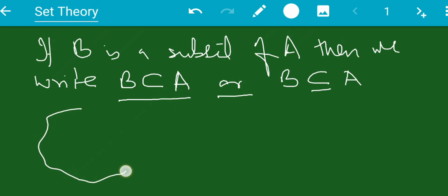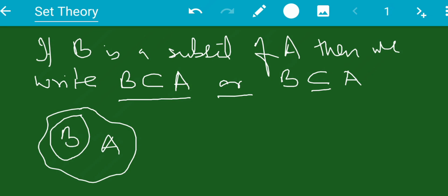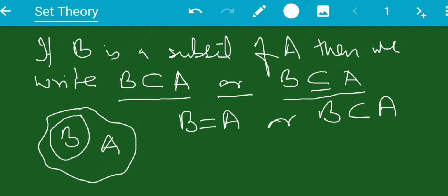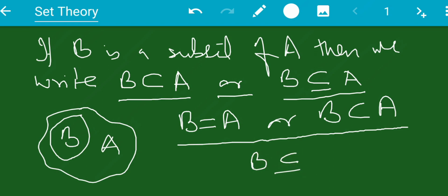Now if B is properly contained in A, then B is a subset of A. When we use this one, it may happen that B is equal to A or B is a proper subset, meaning we cannot decide which. If we are confused about these two options, we usually write subset of.